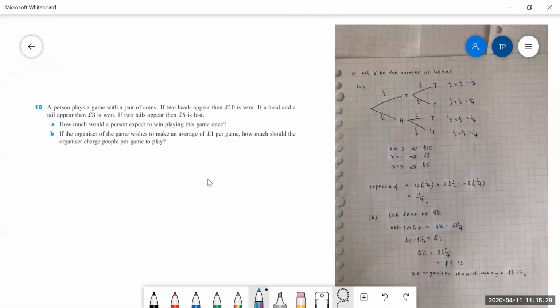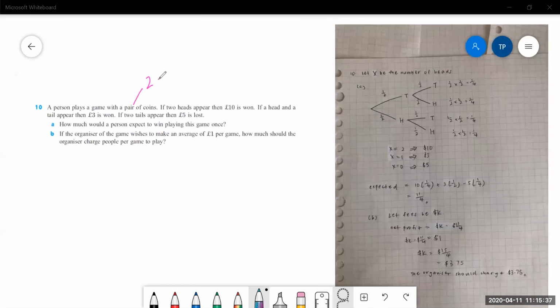Okay. Let's review the question. A person plays a game with a pair of coins, means he has two coins. If 2 heads appear, so he's going to get H and H, then he will win $10. If a head and tail, or it could be a tail and head, then $3.